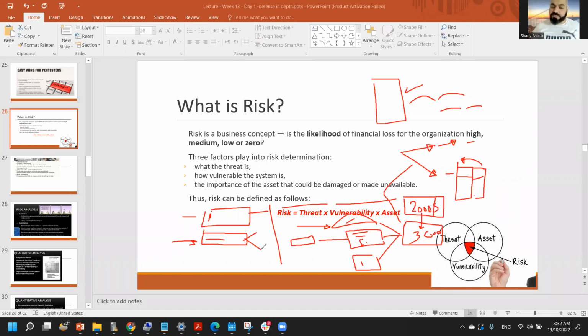Or maybe I can use external third-party encryption, like from McAfee or Symantec or Kaspersky, which will also encrypt the hard drive. In the first case, it will cost me nothing because BitLocker is part of Windows; it comes bundled with Windows. In the case of McAfee, it will cost me $2,000 to buy the license for encryption.